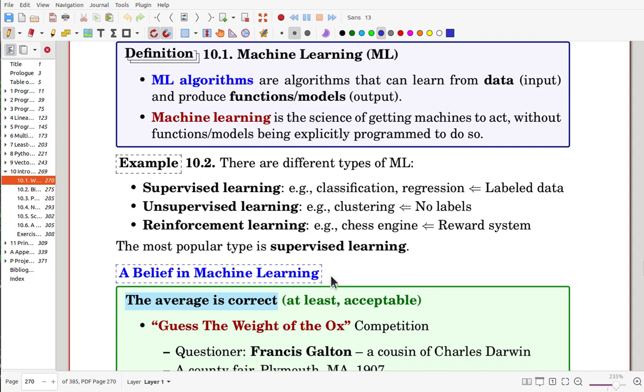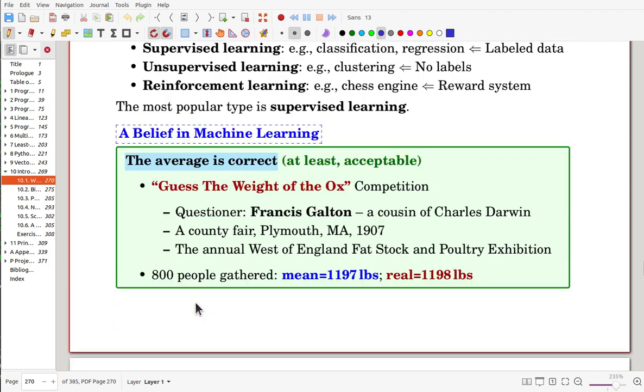Machine learning algorithms are based on a belief, and the belief is that the average is correct, or at least acceptable. Let's see this example. There was a competition, guess the weight of the ox.